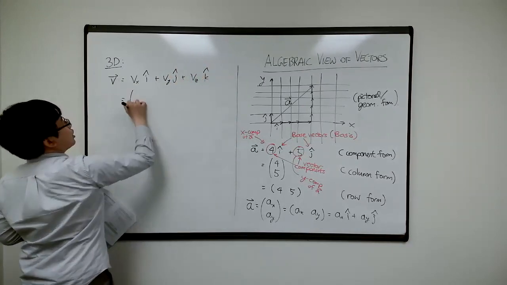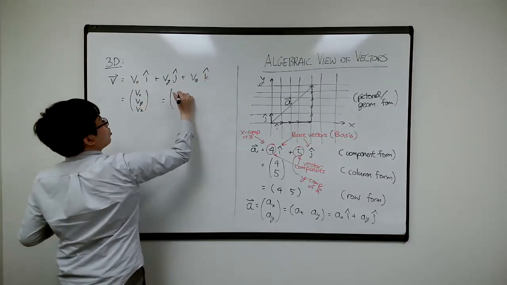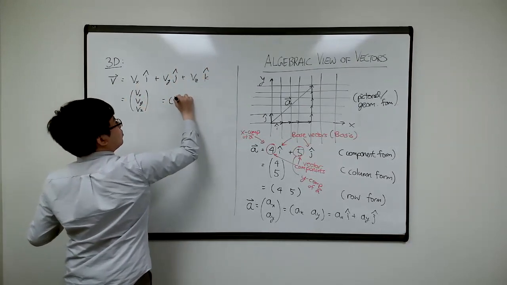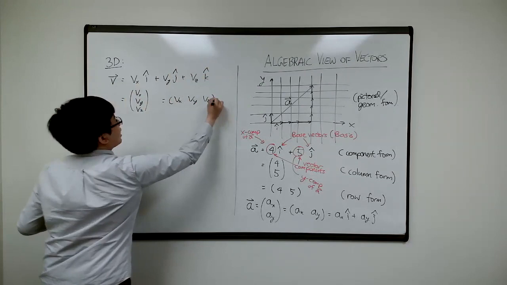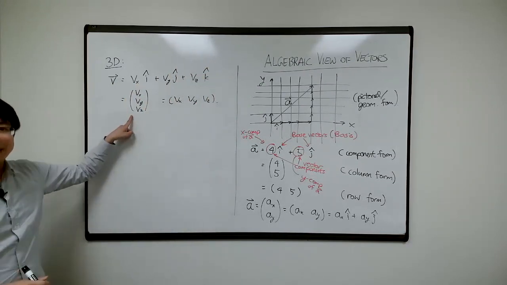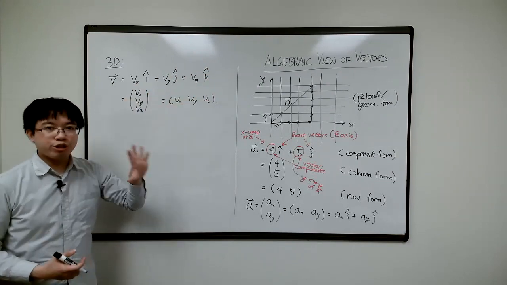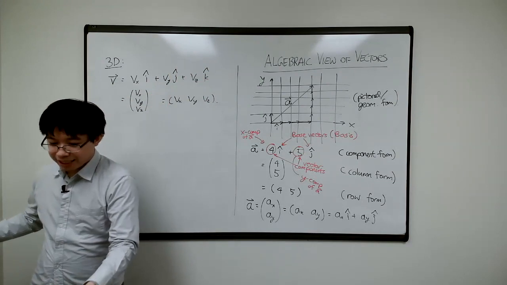You can write it as a column, you can write it as a row. All of these are valid ways to write it. Personally, I like the column form the best because I don't have to write the i, j, k's every time, and it's also very visual for doing some manipulations, as we'll see.